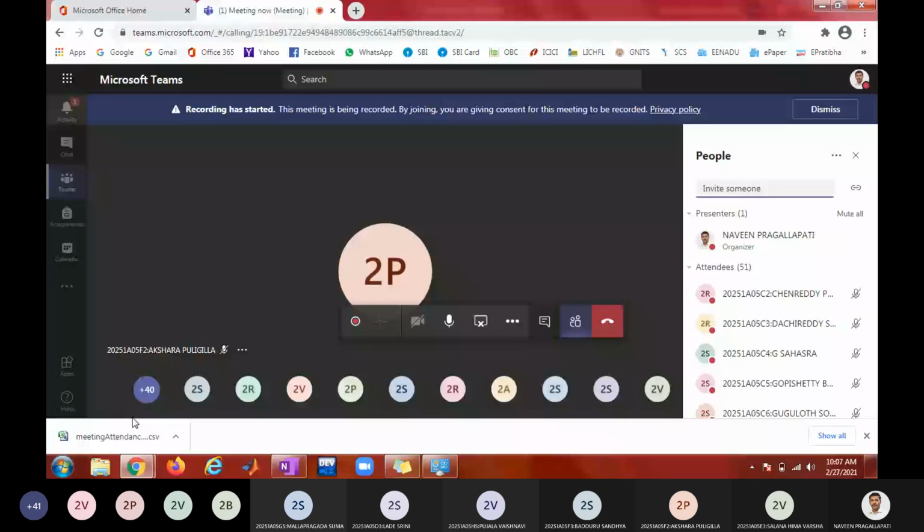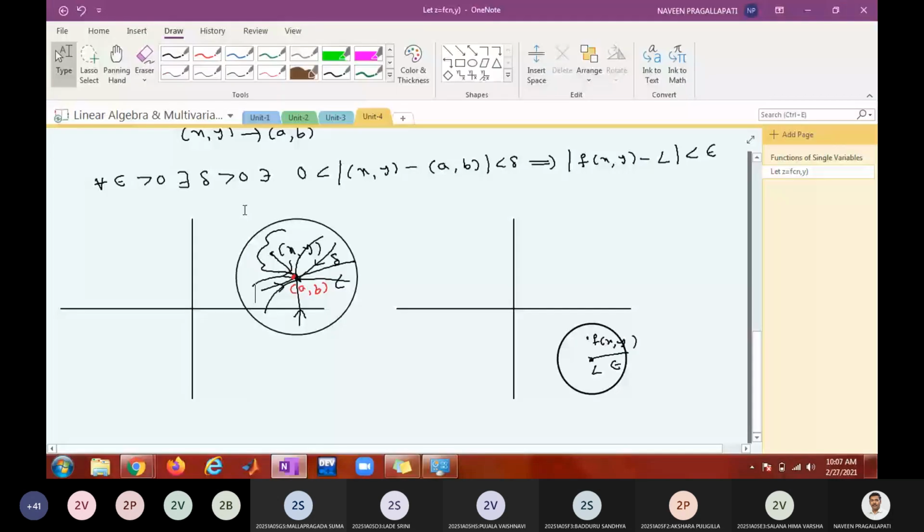Yes, sir. So when I say the limit exists, it means the limit along all these paths must exist and must be equal. What is the negation of that statement? If the limit does not exist along any one path, or the limits along two paths are not equal, then the limit is not going to exist.